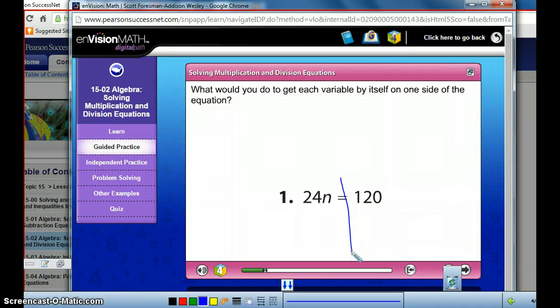I want to isolate the variable. I want to get that n by itself. This is a multiplication problem, so the inverse we said would be division. To do that, I need to take 24 times n, I'm going to divide by 24.